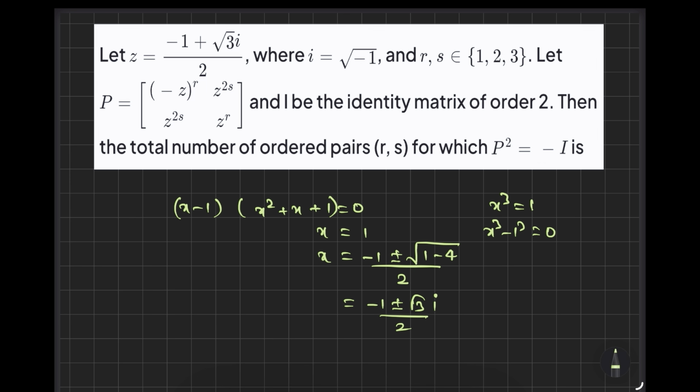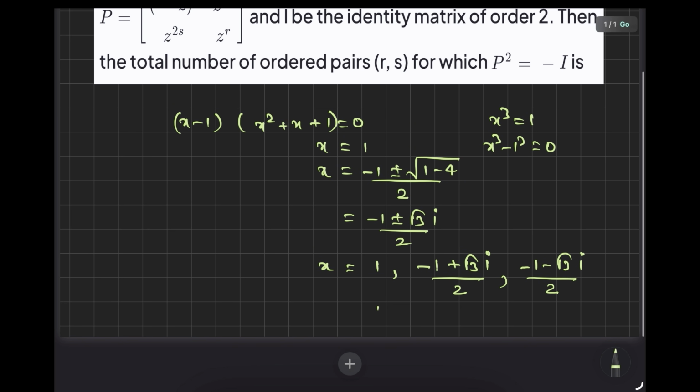So the first root is 1, the second root is minus 1 plus root 3 iota by 2, and minus 1 minus root 3 iota by 2. So we will call it 1, this is omega, this is omega square.